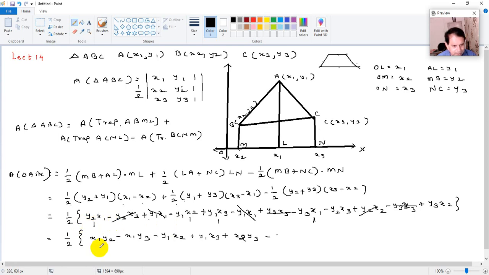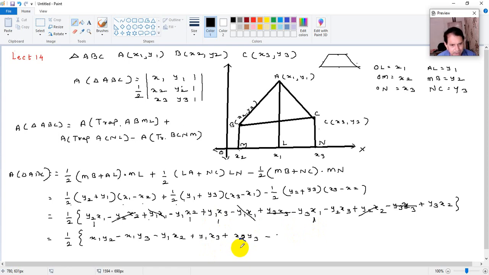y2 x1 म्हणजेच ते x1 y2 लिहिला आपण. Minus x1 y3. So this term is taken. Then minus y1 x2. So this term is taken. Plus y1 x3. So this term is also taken. Now what remains? So I think I have taken y1 x3 plus x2 y3 also. x2 y3.